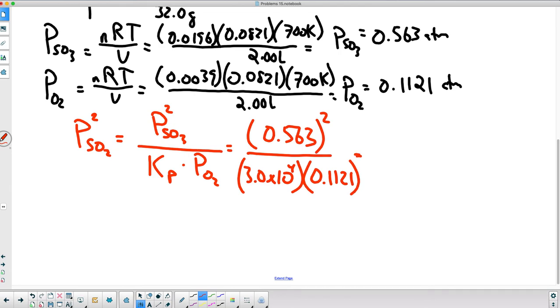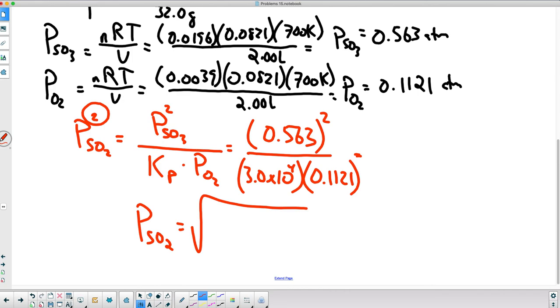Whatever this equals here, because of this square, I'm going to take the square root of whatever that number is. I didn't actually do this calculation or write this number down, so let's do it quickly and write the number down. So that is 0.563.